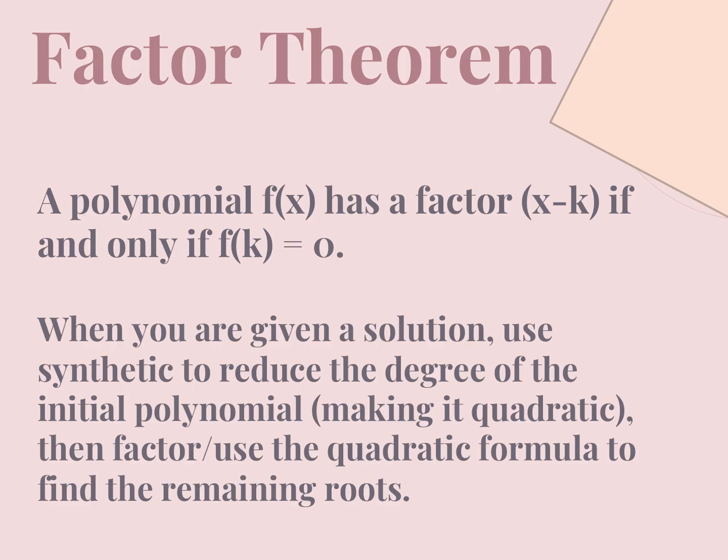The factor theorem states something similar to what the remainder theorem says. If you plug in something, you're trying to test what number you get out of it. If you get a remainder of 0, then that means you have x minus k, or x minus c, which is the letter I was using before, as a factor.